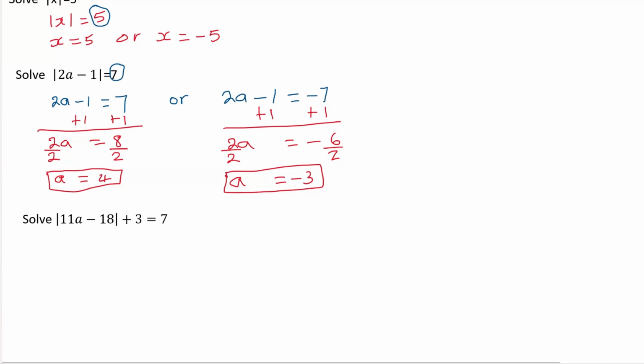So the first step is to subtract 3, before you make the separation or get rid of the absolute value. So the absolute value of 11a minus 18 is equal to 4.